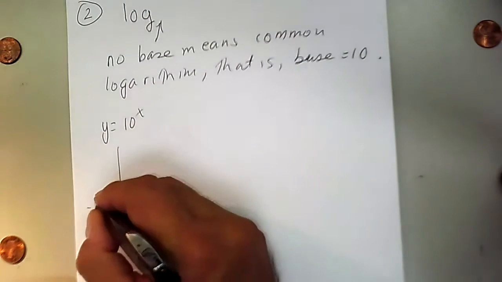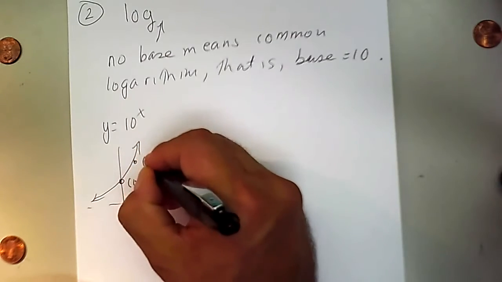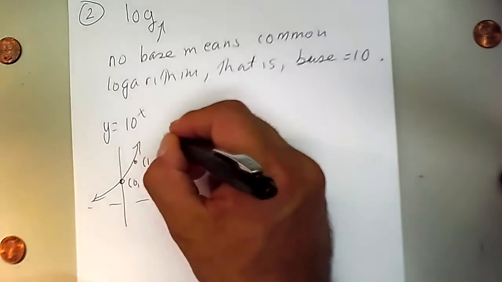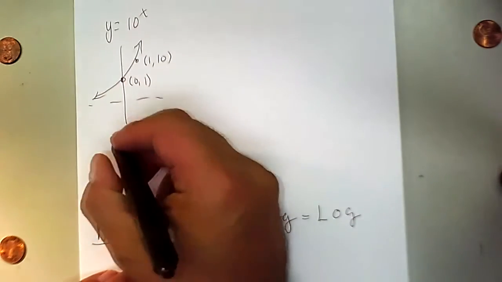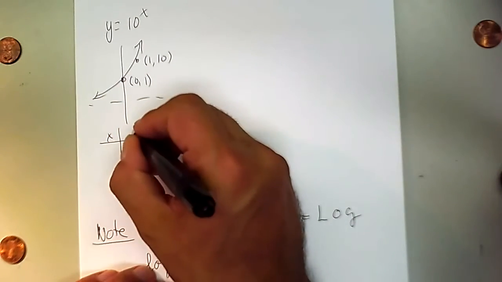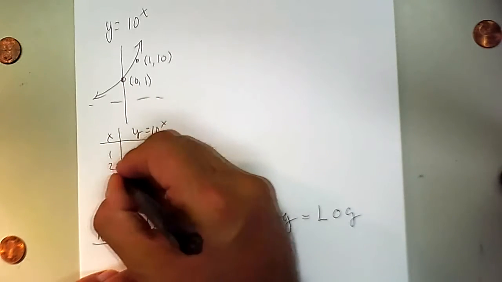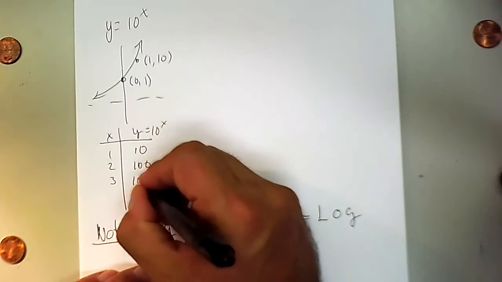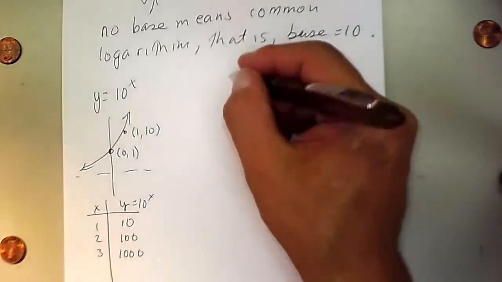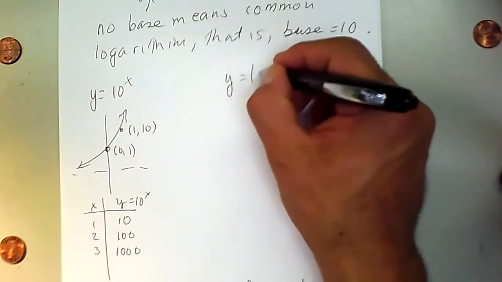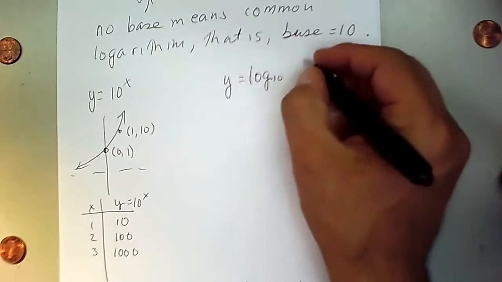If we draw a table of the exponential function 10 to the x, we will have x and then y equals 10 to the x. So 0, 1, 1, 10, 2, 100, 3, 1,000, and so forth. Now, the inverse will be the logarithm in base 10. That's the name of the function of x.